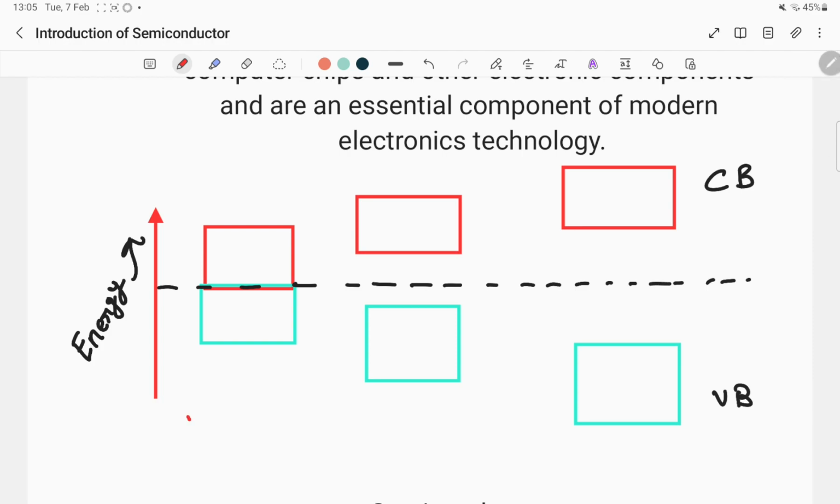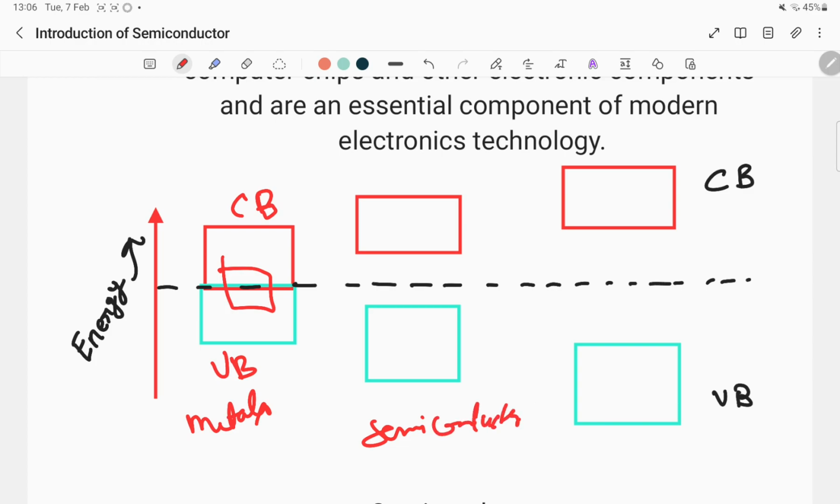In metals, in the energy band diagram, the valence band and conduction band are overlapped. But in semiconductors, the band gap has a little distance, which is less than 3 electron volt.